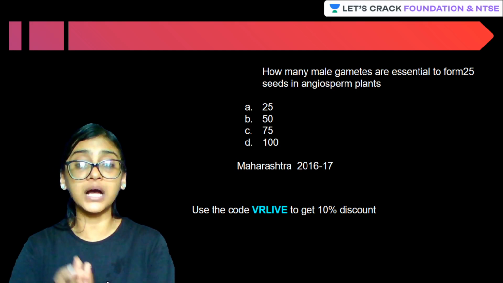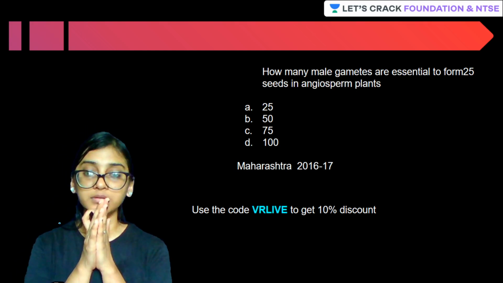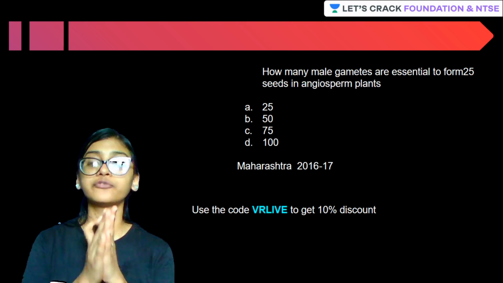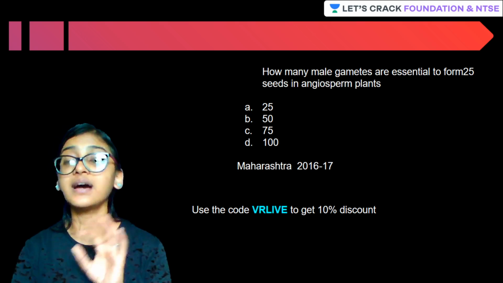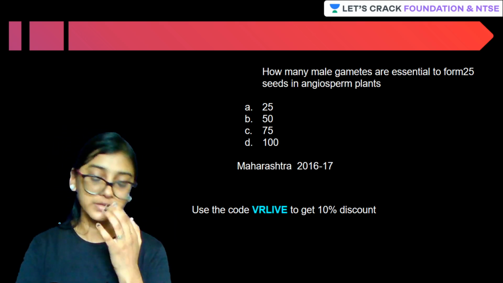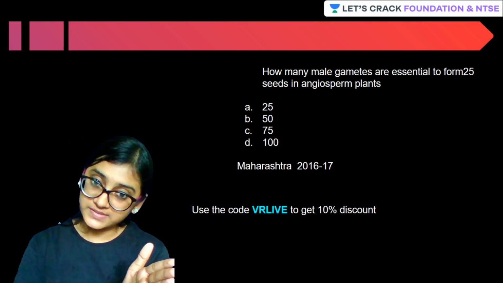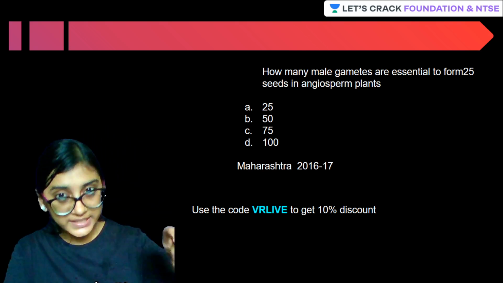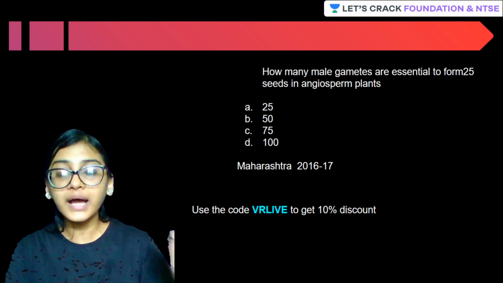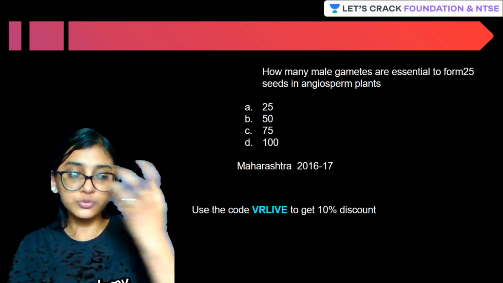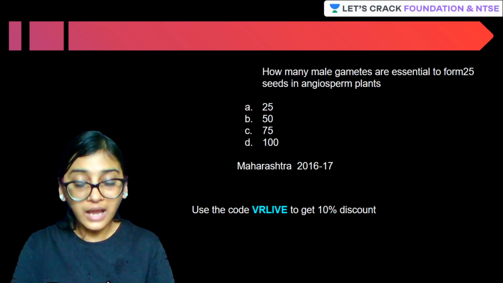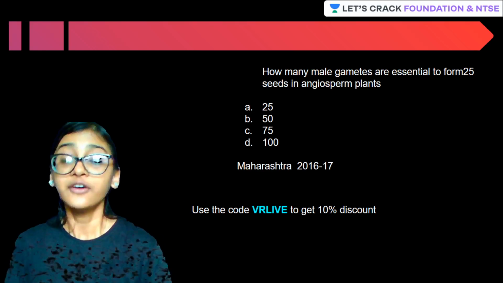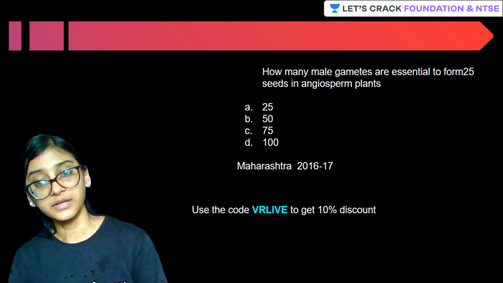Answer quickly. Again, very simple, students. The reason is, if I have to see 25 seeds, I have to make sure that there are totally 50 gametes, right?